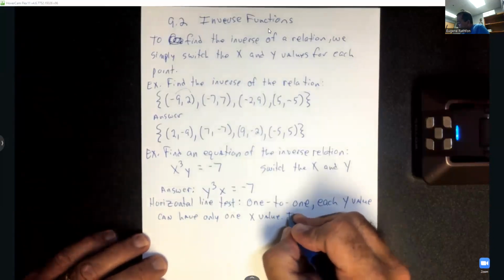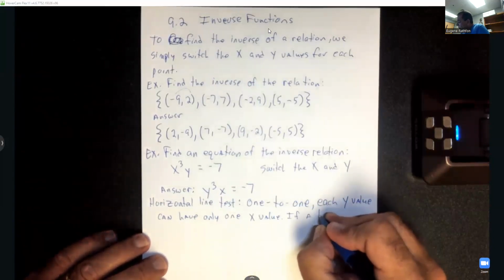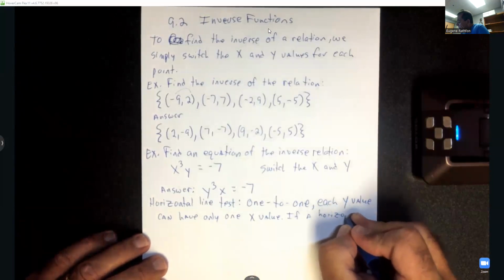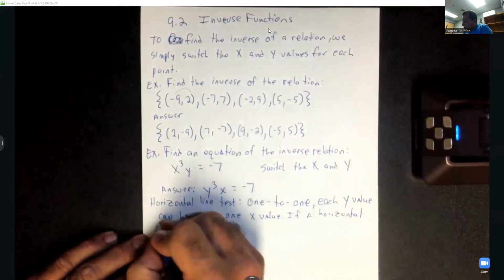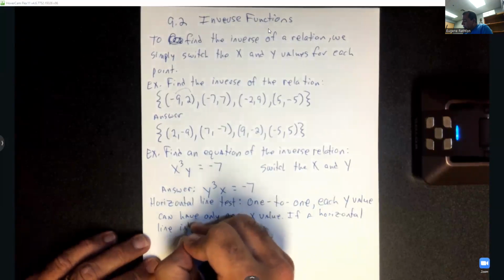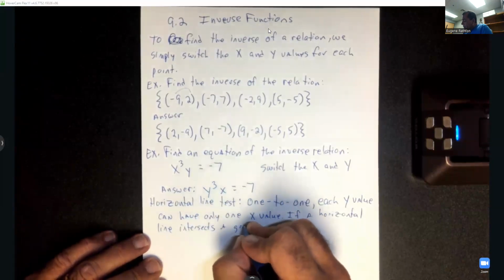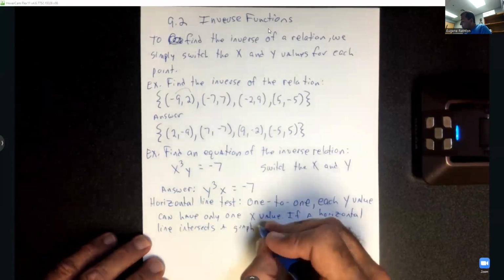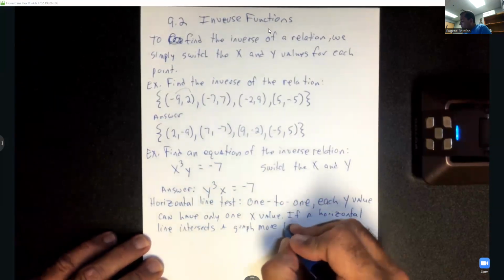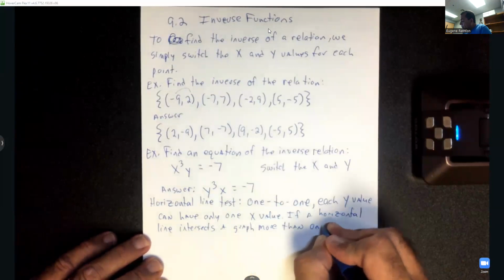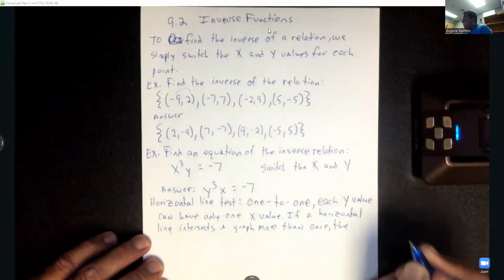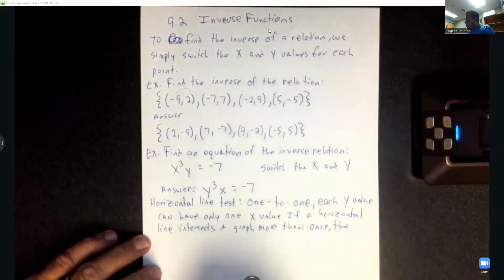So if a horizontal line intersects a graph more than once, the graph is not one-to-one.